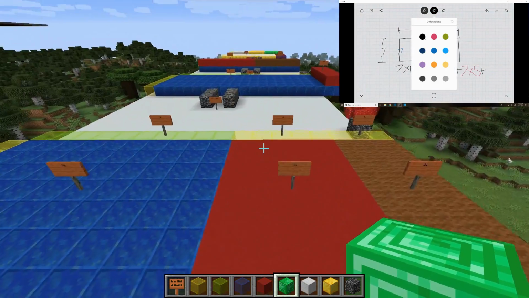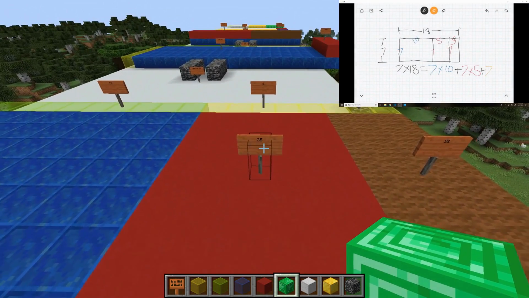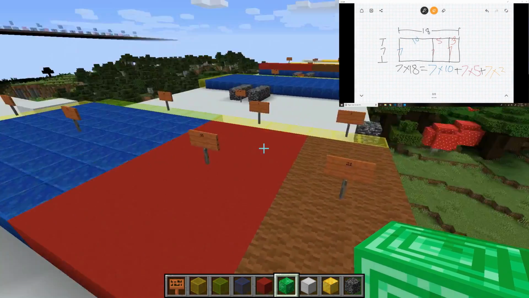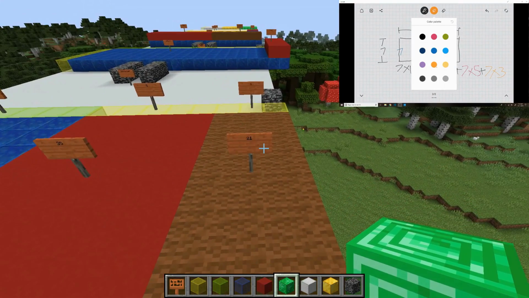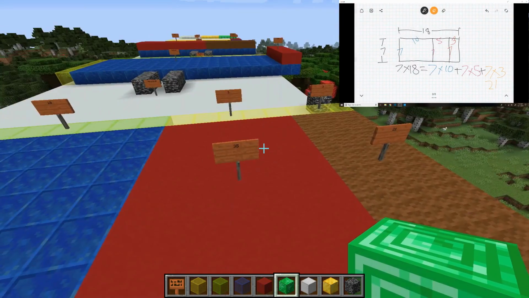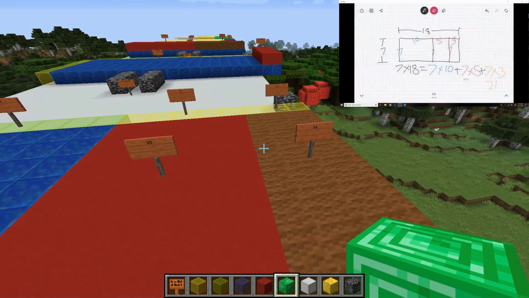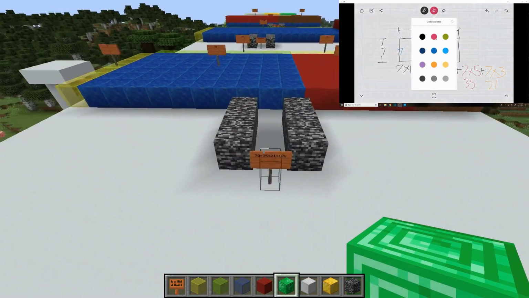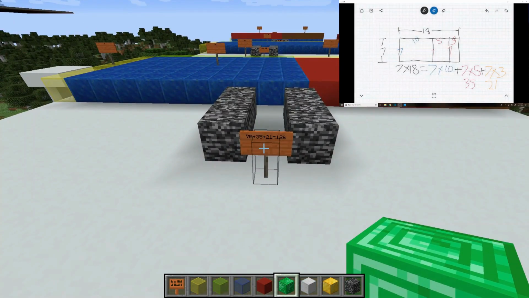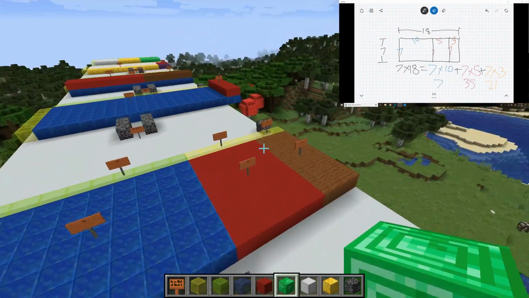Well, you could do 7 times 5, which gives you 35, and then 7 times 3, which gives you 21. If you add those two together, you get 56, right?